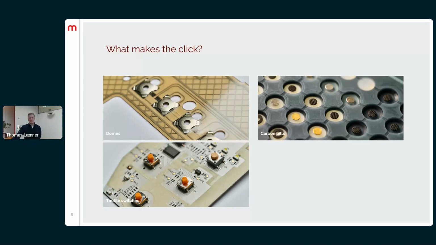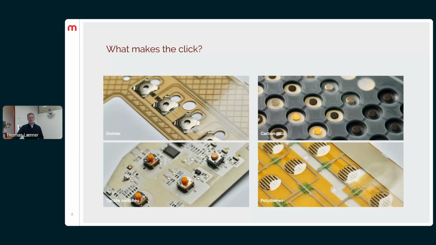Then we have carbon pills, which is a click specific for silicon keypads. It is actually molded or screen printed or glued together with the silicon actuation pin on the underside of the keypad button. And finally, we have polydomes, which is a specific click from membrane keypads. The click is actually made by an underlaying embossed foil material.